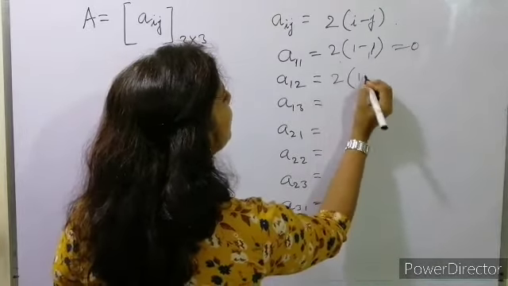A13 is 2 into 1 minus 3, so 1 minus 3 is minus 2, minus 2 into 2 is minus 4.